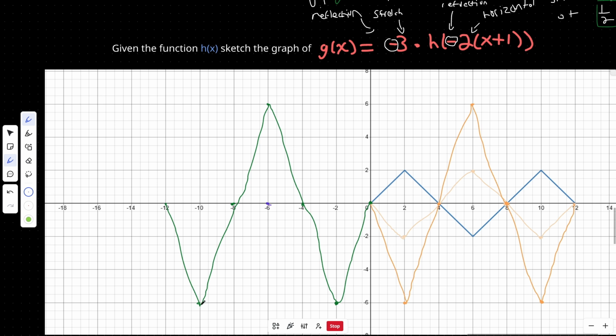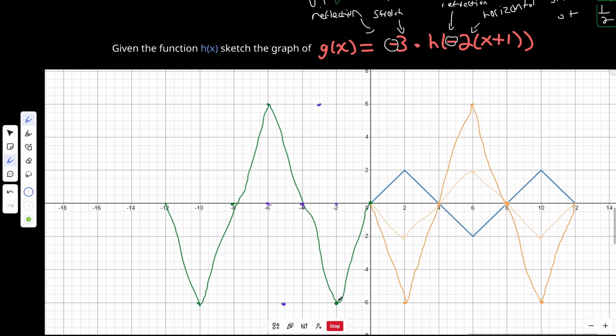Let's do negative 10, negative 6. That's going to go to negative 5, negative 6. That's going to be right here. And the point negative 8, 0 is going to go to negative 4, 0. The point negative 6, 6 is going to go to the point negative 3, 6. And the point negative 4, 0 is going to go to negative 2, 0.